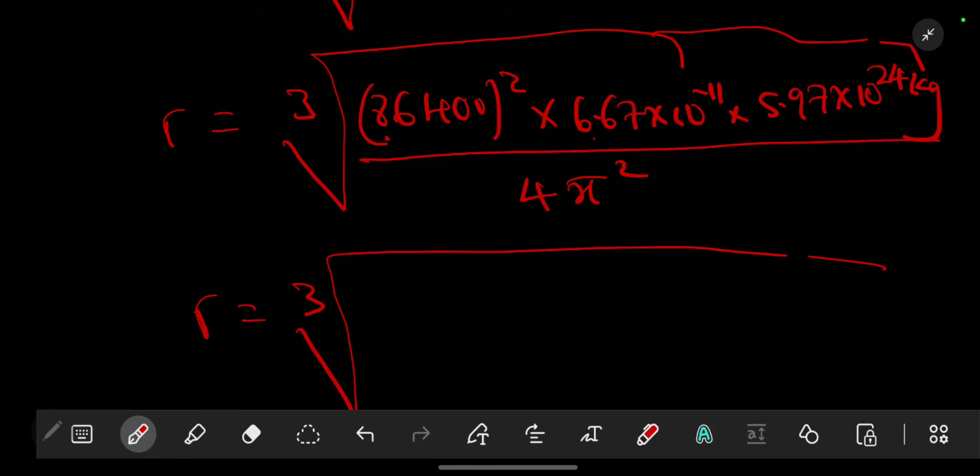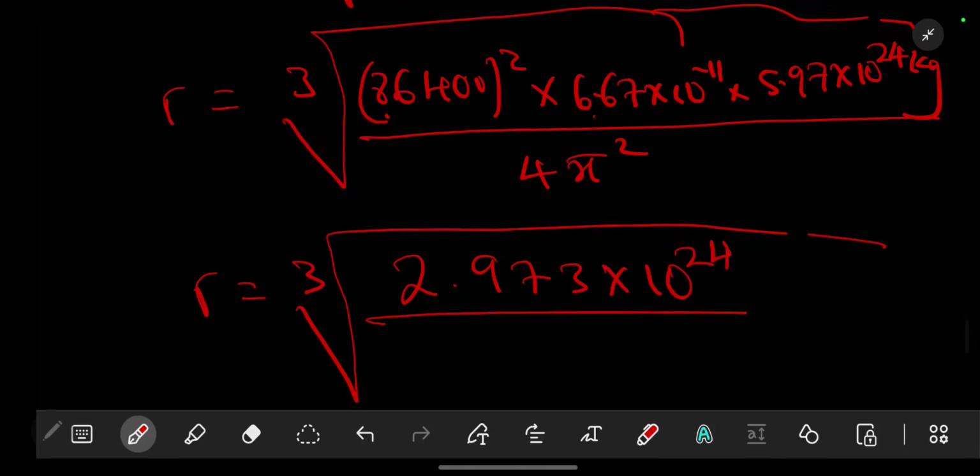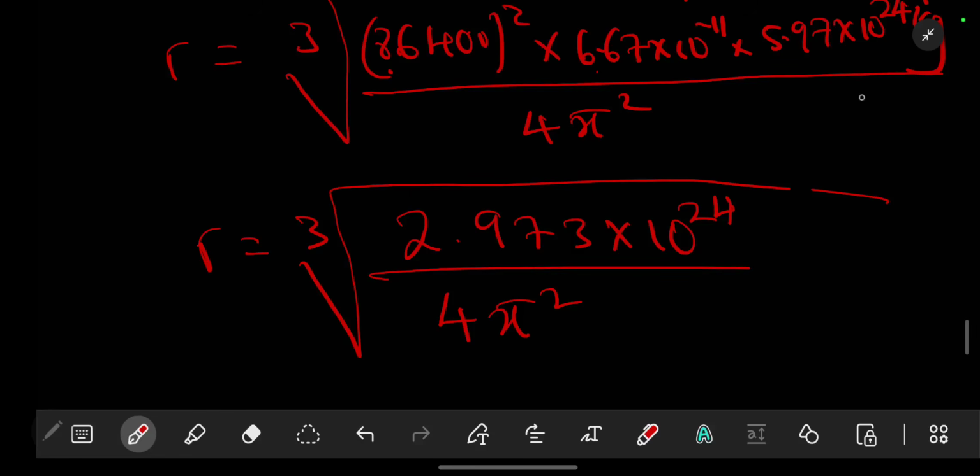So after we do that, we are going to get 2.973 times 10 to the power of 24 over the 4 pi squared.